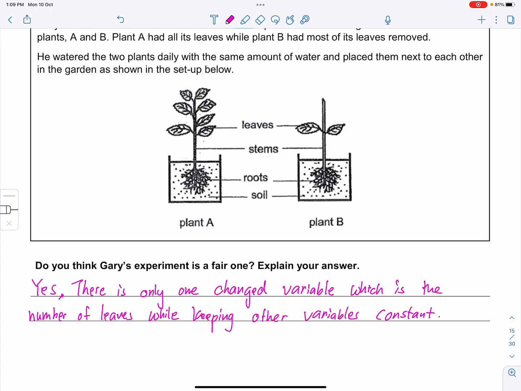Now, after that, you also need to understand one thing. When you talk about variables, you cannot just say the variable. You must always give me the quantifying term. So for example, volume of water in the beaker, right? Number of leaves. Because you cannot just say leaf, oh, the leaf must be the same. But there are many things about the leaf.